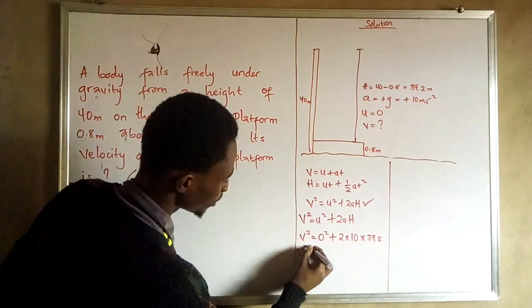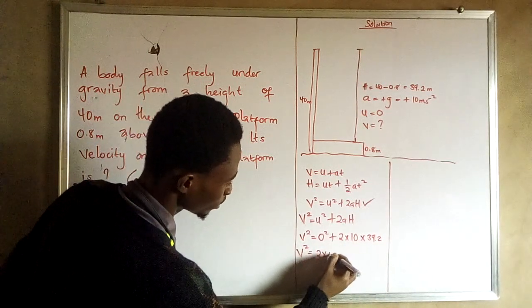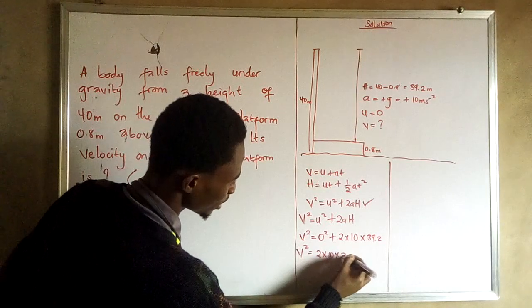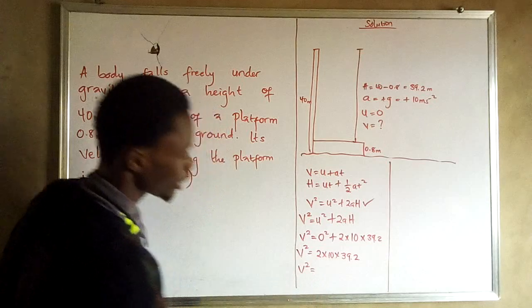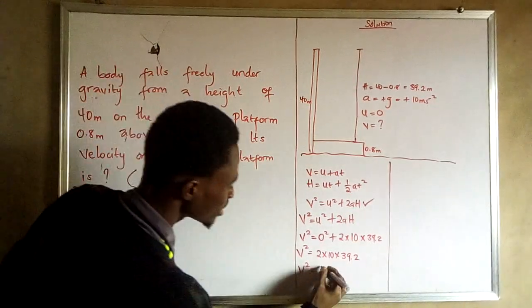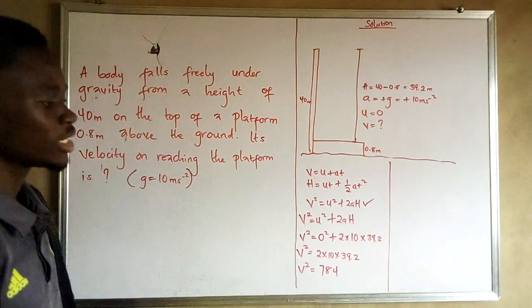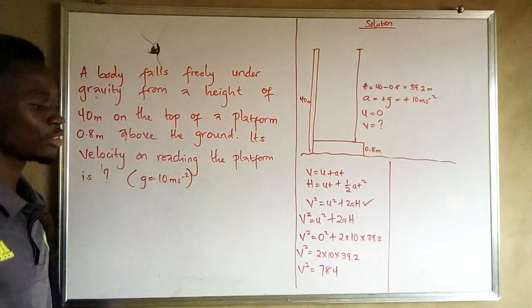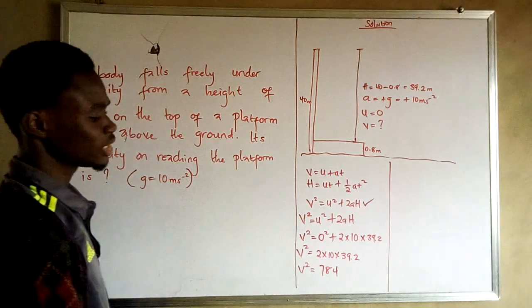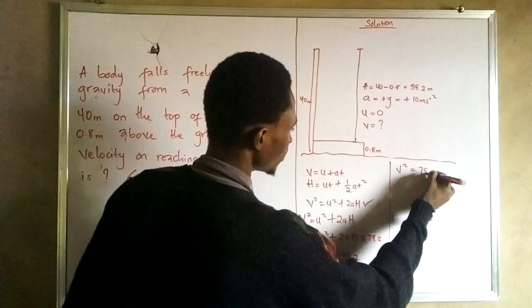So v squared is equal to 0 squared, that will be taken out of it, 2 times 10 times 39.2. Multiplying these three together, 2 times 10 is 20, and 20 times 39.2 is going to give us 784. So v squared is equal to 784.